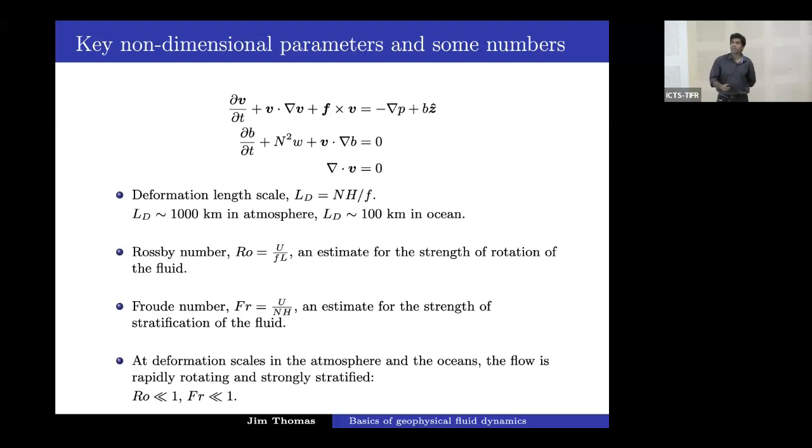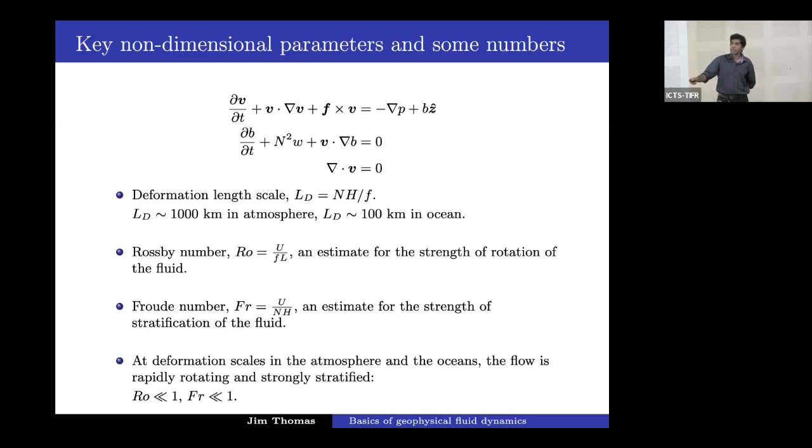Now we'll look at important non-dimensional parameters that help us decide which parameter regimes we are in the atmosphere and the ocean. As I said, there are two time scales, N and f, but no explicit length scales. If you introduce a scale, say you're interested in dynamics at the order of H, the depth of the ocean or height of the atmosphere, now I can use this vertical scale to generate a horizontal scale.